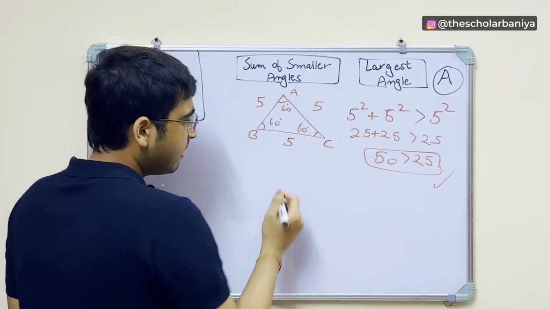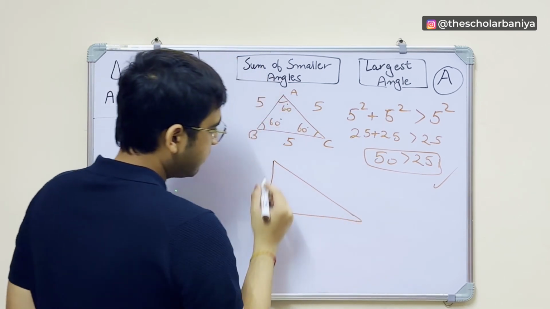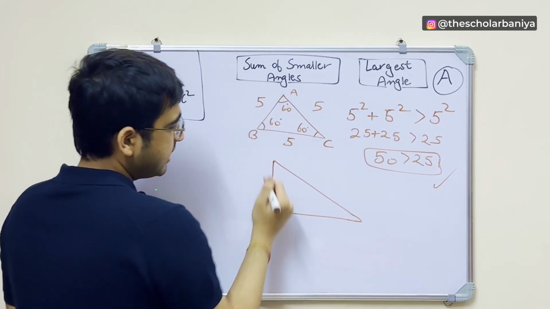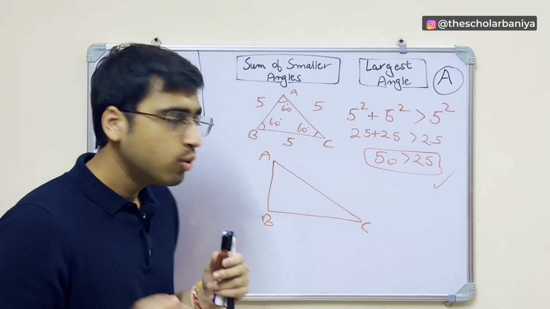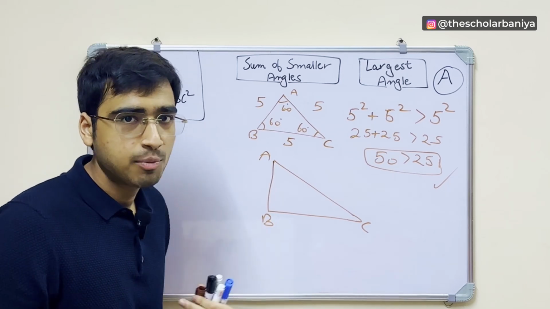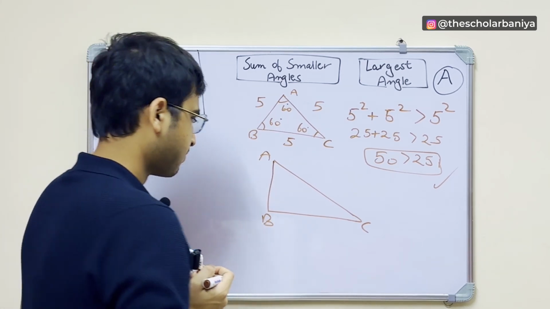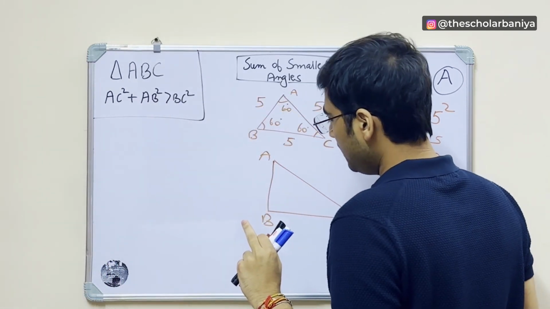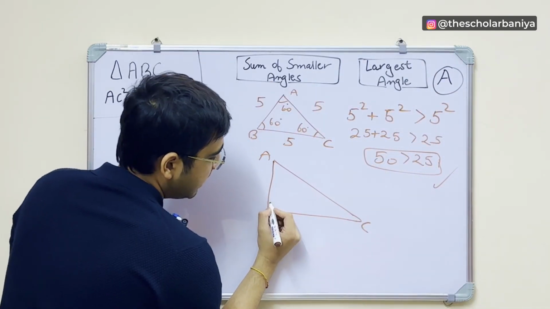But what if we take a right angle triangle, right? Which is, for example, let's say this case. So earlier, what did we do? We took A over here, right? And in that case, it was not possible. Let's assume that we take this, right? So now tell me one thing, this is 90 degrees, right?